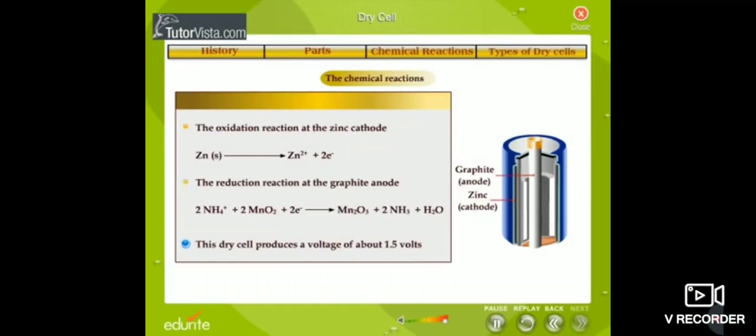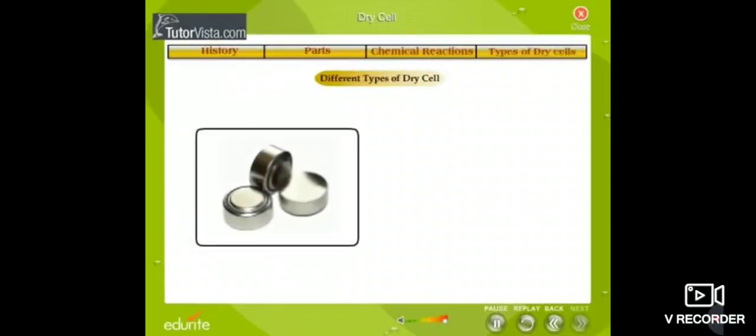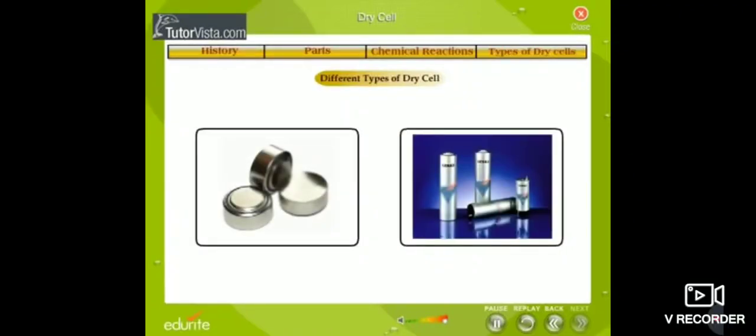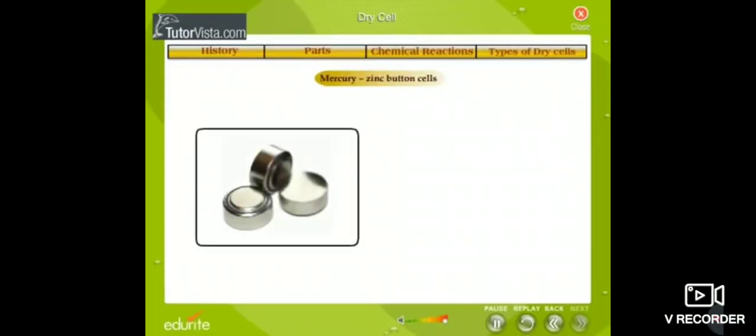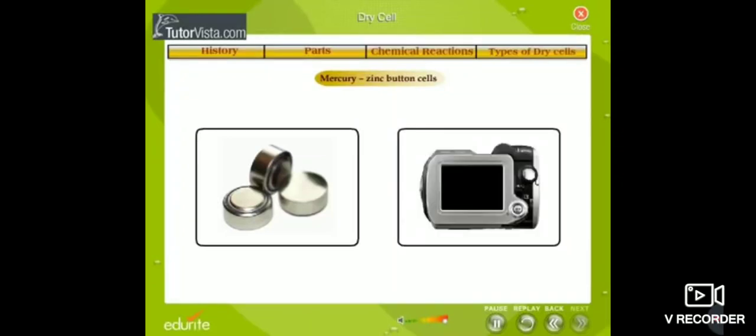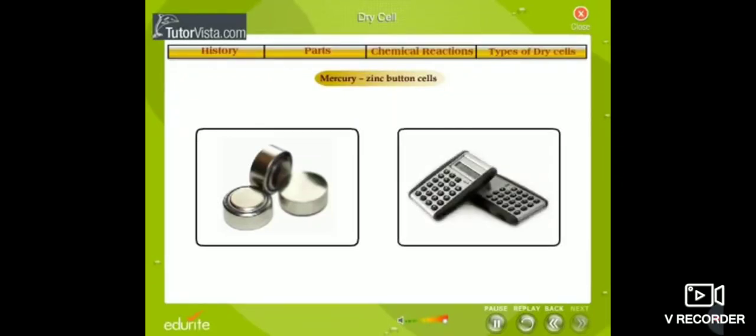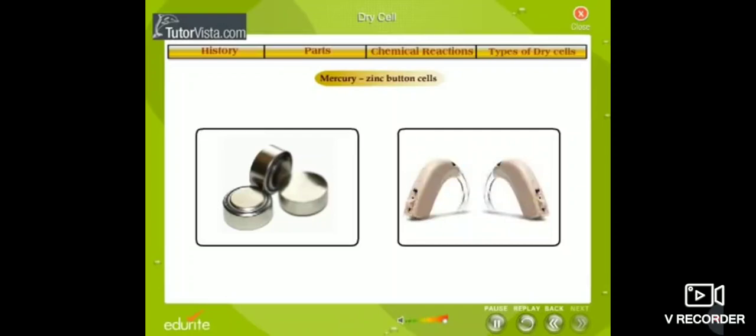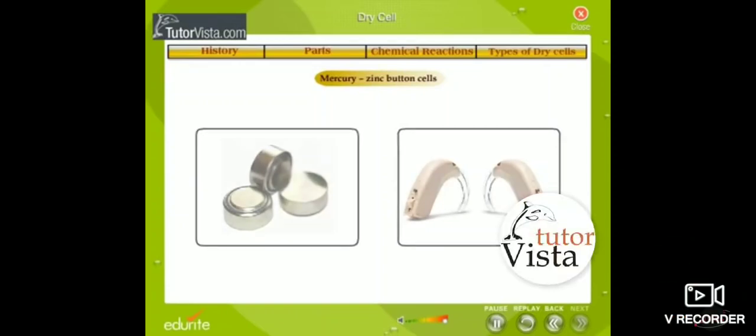This dry cell produces a voltage of about 1.5 volts. Button cells and nickel-cadmium cells are better versions of the dry cell. Mercury-zinc button cells are used in watches, cameras, calculators, and hearing aids. The anode is the zinc powder and the cathode is mercuric oxide.